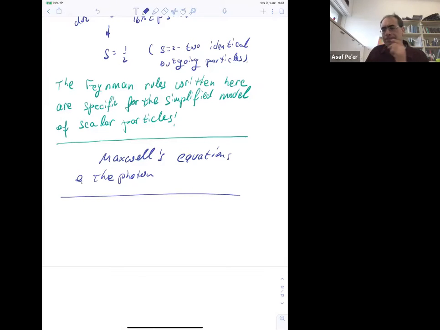Now, when you think of it, what you learn in classical electrodynamics is how charges interact with each other. Classically, what happens? What happens classically when you learn that in your E&M course?